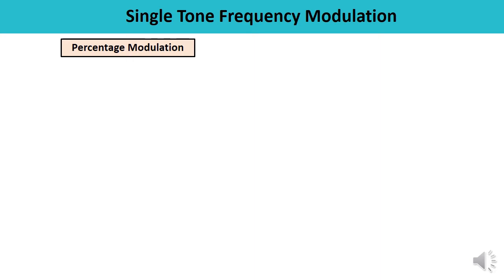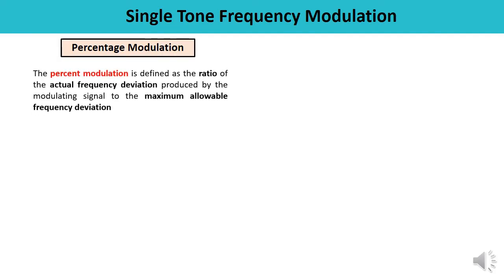Next important factor is the percentage modulation. This term, percentage modulation, is used in reference to FM, and it refers to the ratio of actual frequency deviation to the maximum allowable frequency deviation.